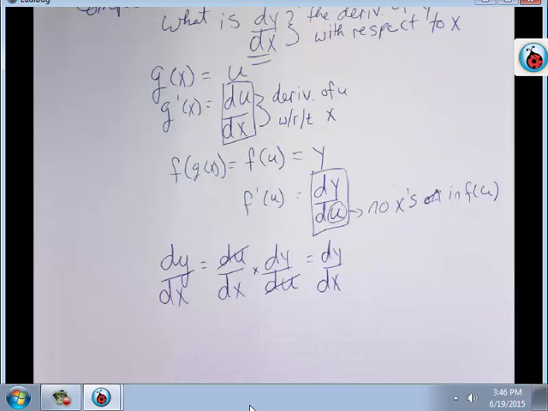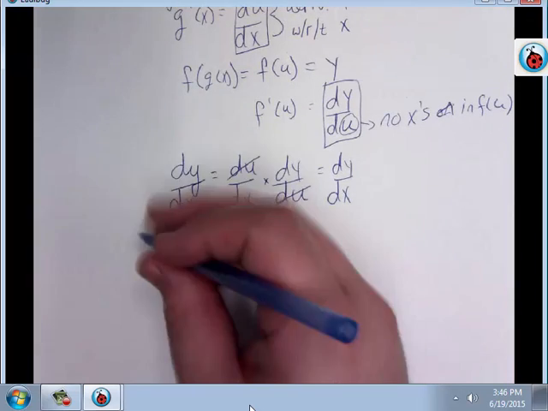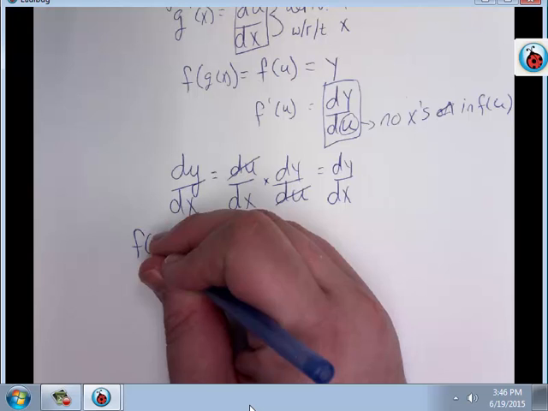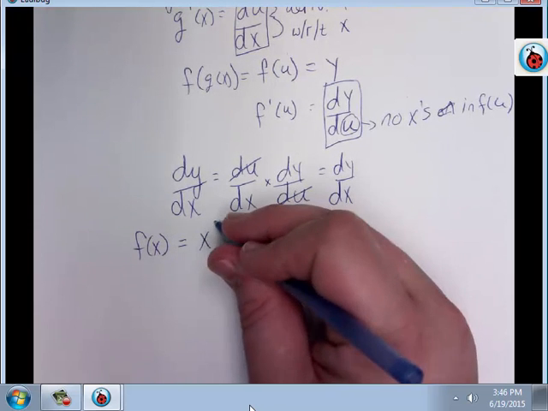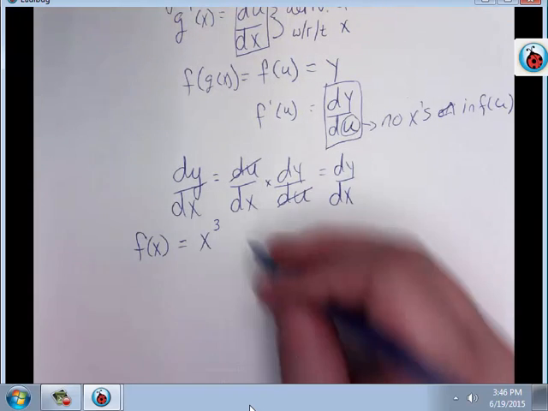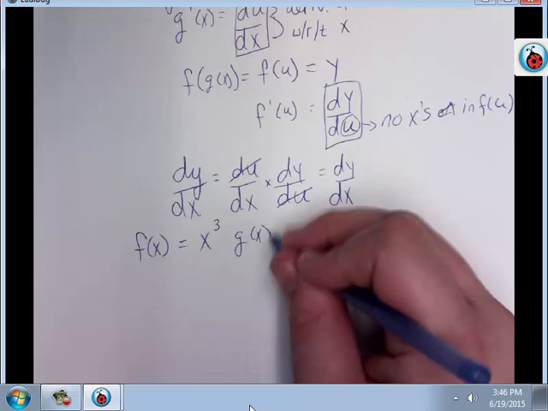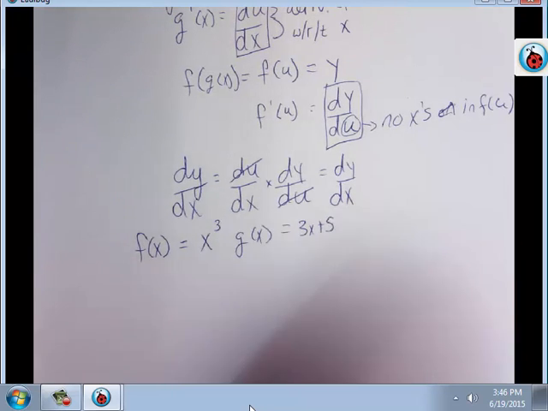Alright. So, let me show you a quick example so it makes a little bit more sense. Let's say f of x is x to the third power, and g of x is 3x plus 5.